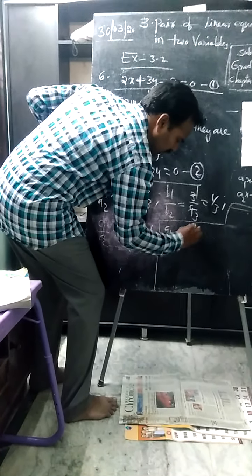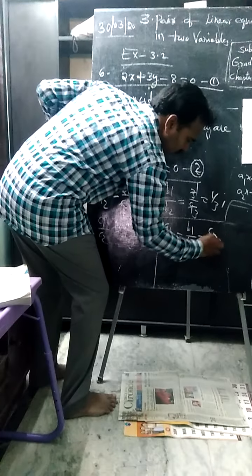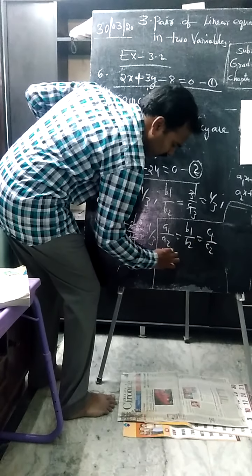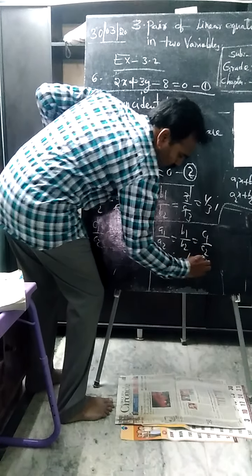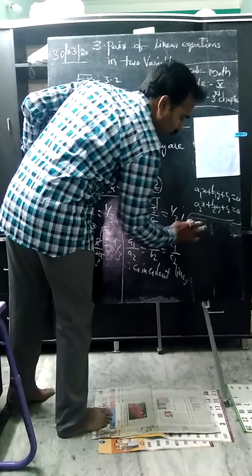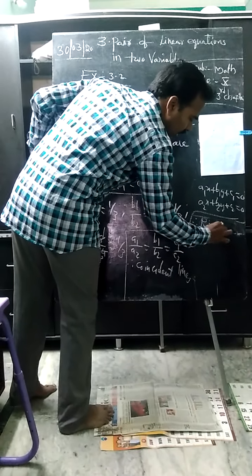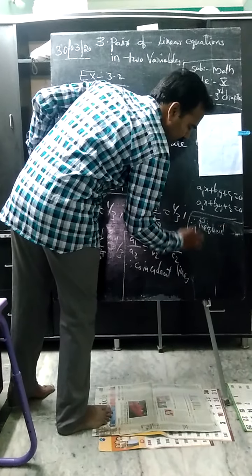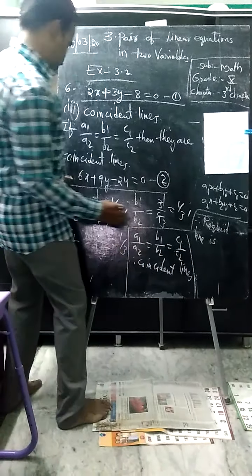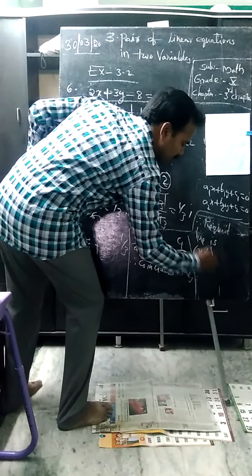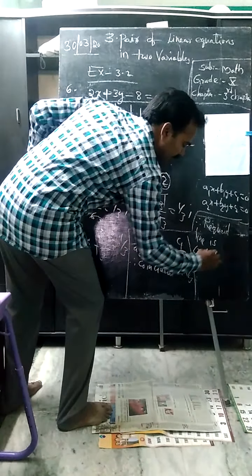Therefore coincident lines. Don't forget to write the concluding statement. Therefore, coincident, the required line is 6x plus 9y minus 24 equal to 0.